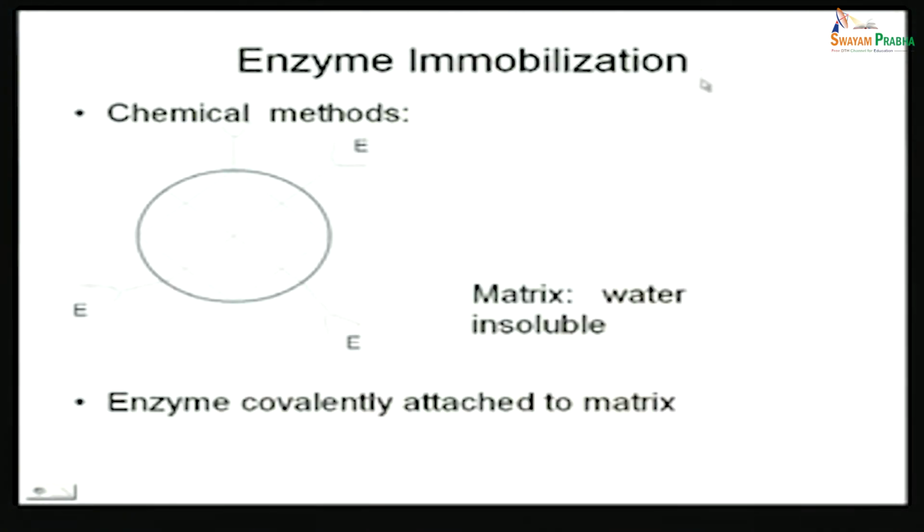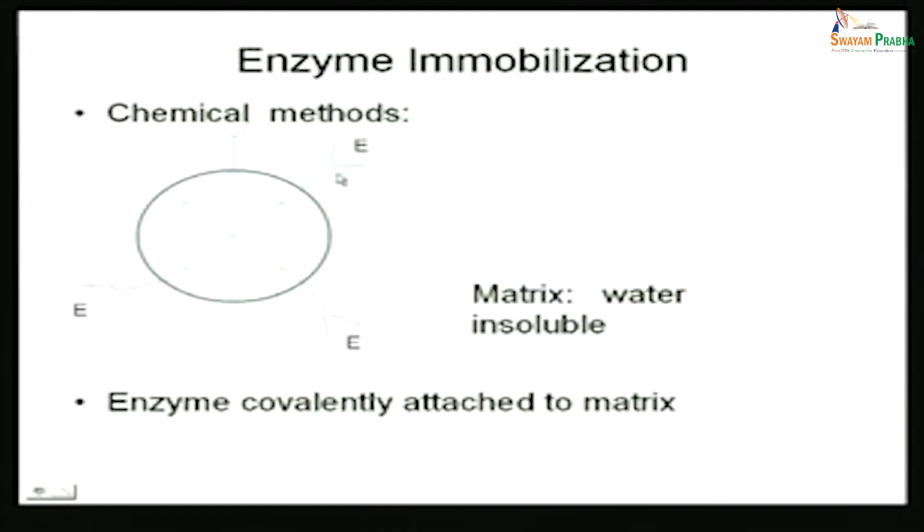This chapter that we're starting today is enzyme immobilization, and there are several methods of immobilization that we'll briefly discuss before we go on to the understanding of the process. There are chemical methods as well as physical methods. What you see on the screen is an example of a chemical method where this enzyme, given by E, is covalently attached to the matrix.